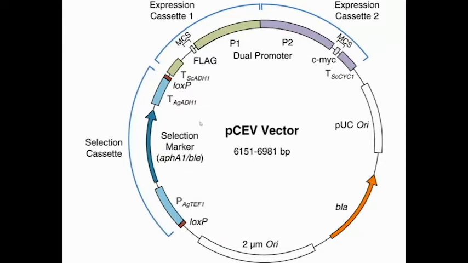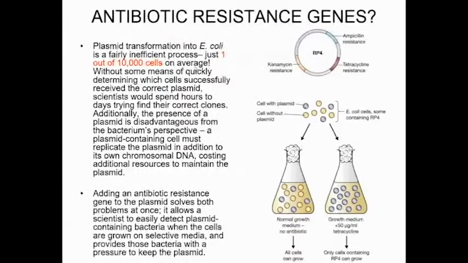So these are the typical cloning vectors that you can see here. Or expression vector. This is an expression vector because they have this FLAG tag or c-Myc tag. These are for people to produce a protein so they can easily purify the protein, which we will also discuss later.